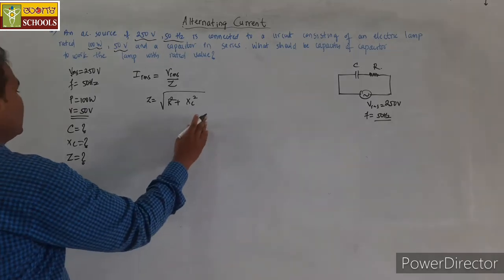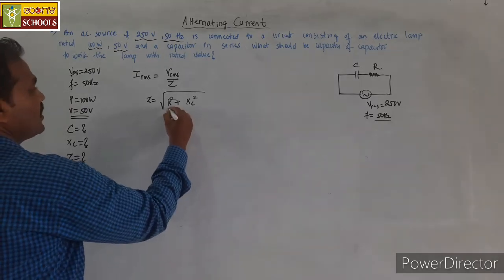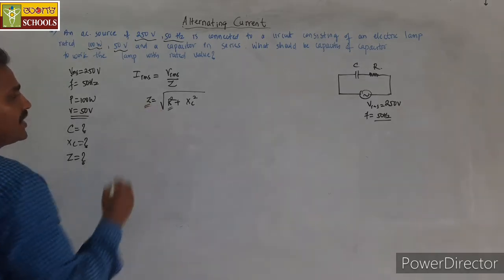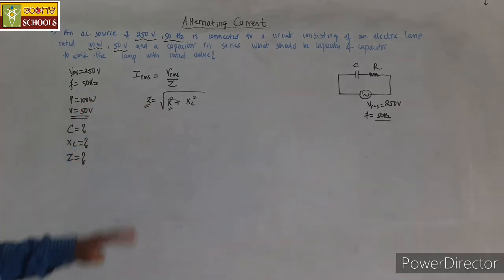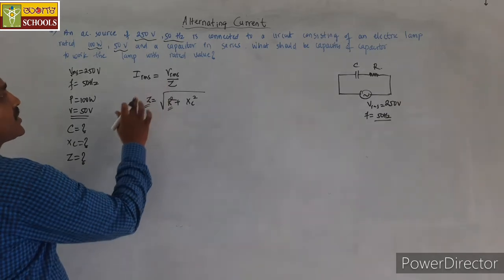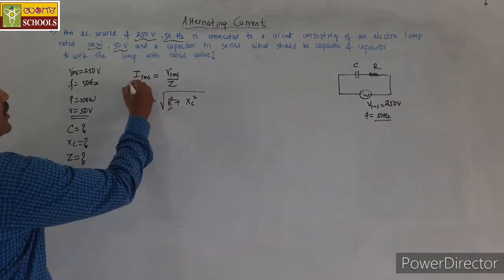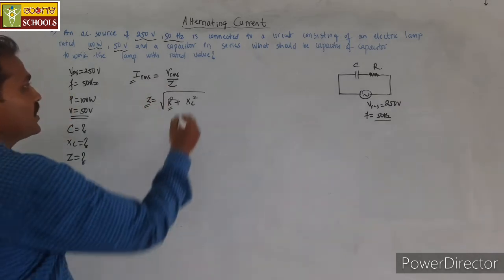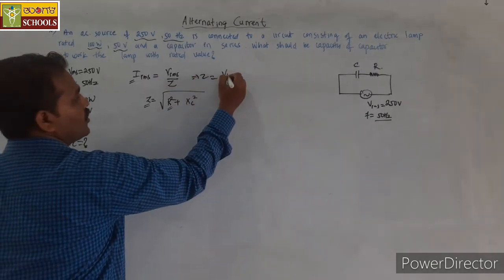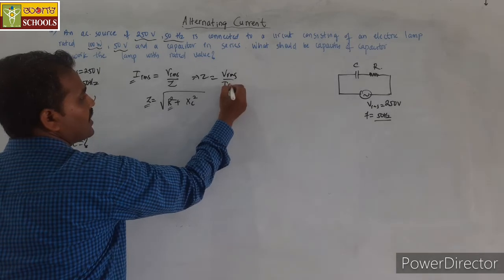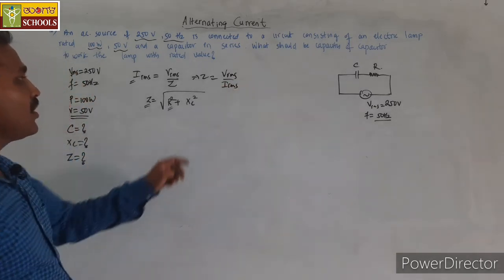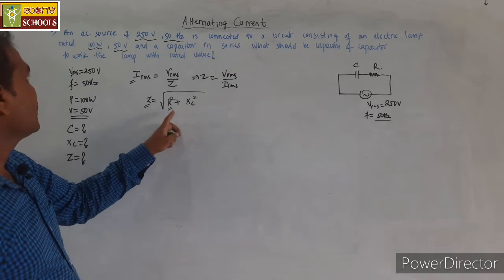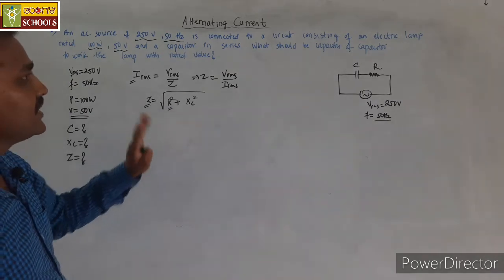In this we don't know the value of resistance, and we don't know the value of impedance Z. If we calculate the value of IRMS, we can get the value of Z. So Z is equal to VRMS divided by IRMS. But how to find the value of IRMS here? We don't know the value of R, as well as we don't know the value of XC here.